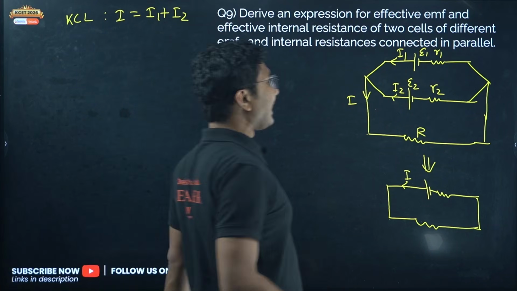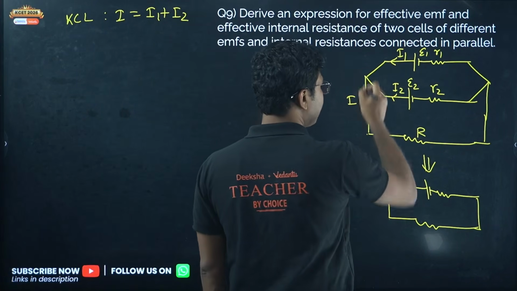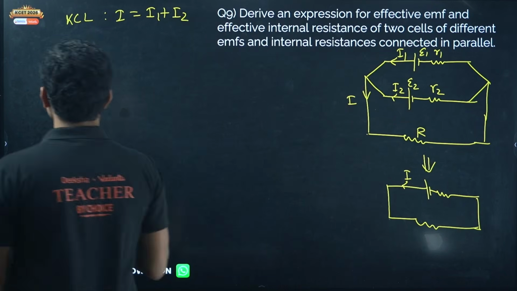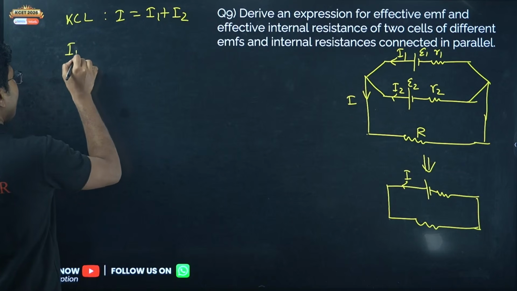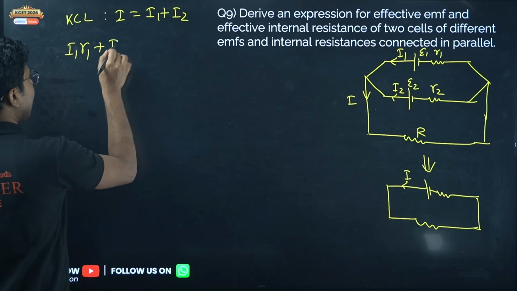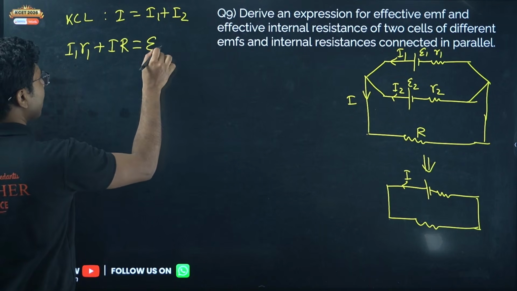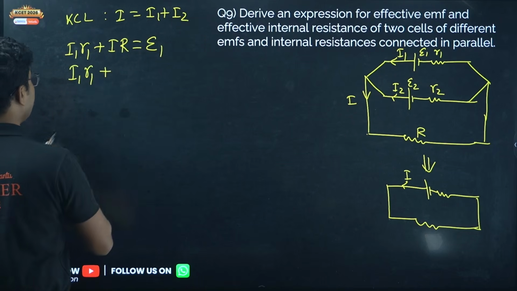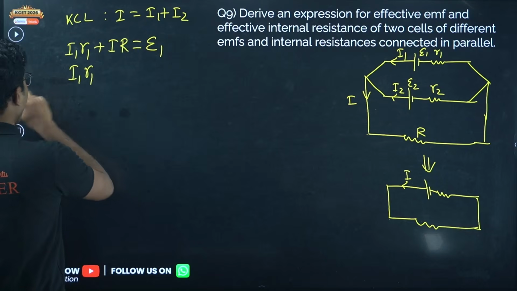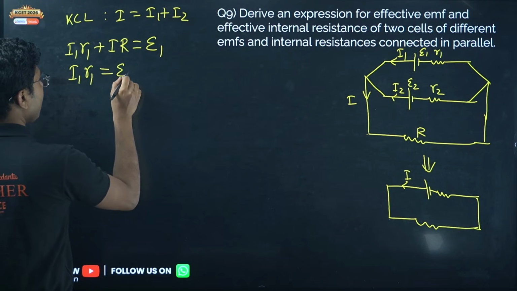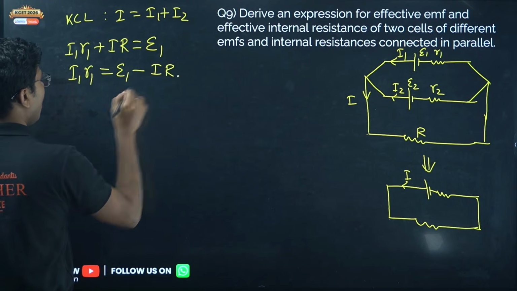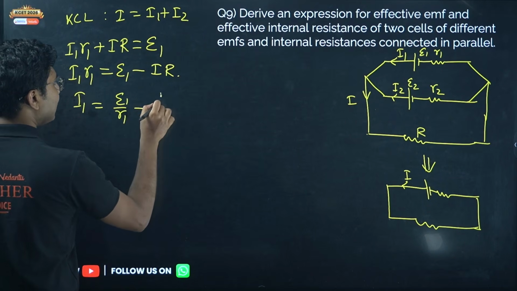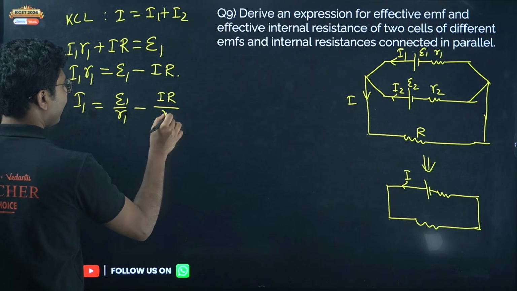Now we will take two loops separately for the original circuit. First we will take this loop. From this loop we can say that I1 R1 plus IR equals epsilon 1, or I1 equals epsilon 1 by R1 minus IR by R1.